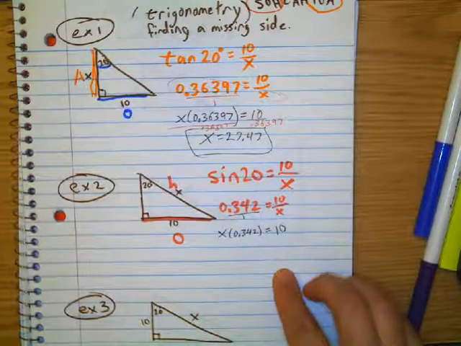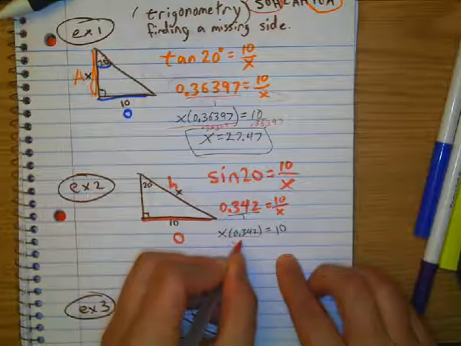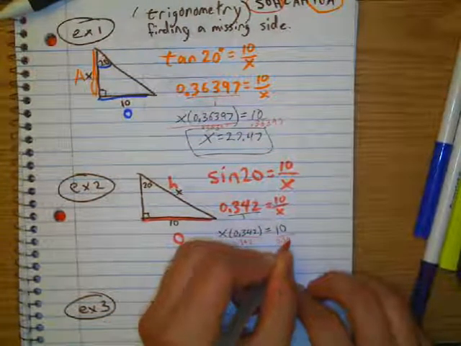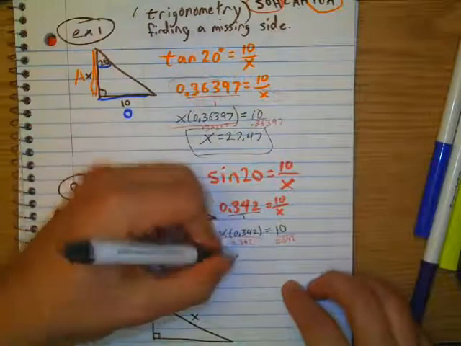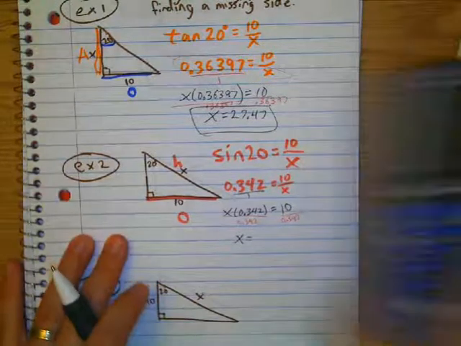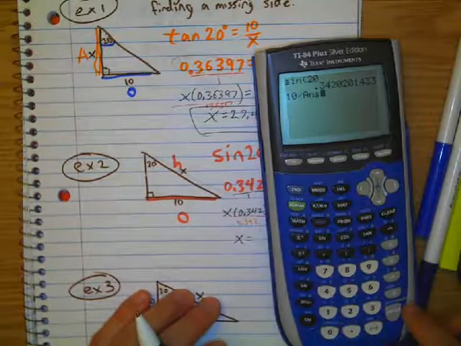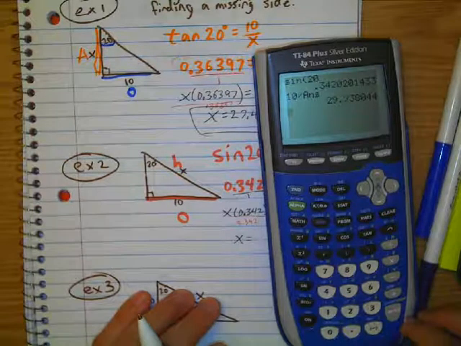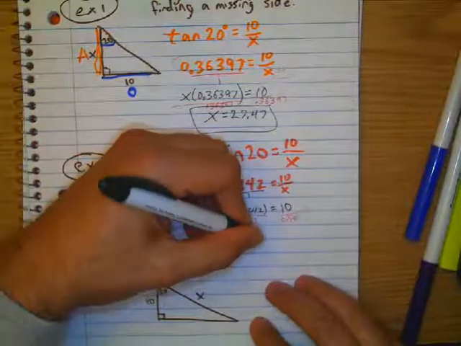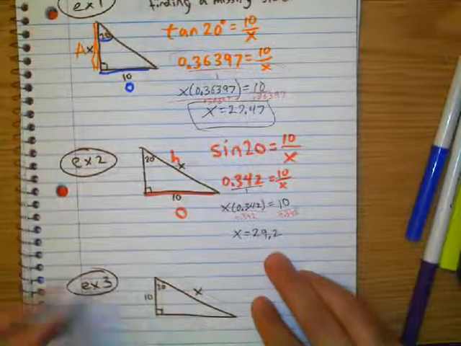To solve for x, I'm going to have to divide by 0.342, so I have 10 divided by that decimal, and I get 29.2. And that is the length of this side here.